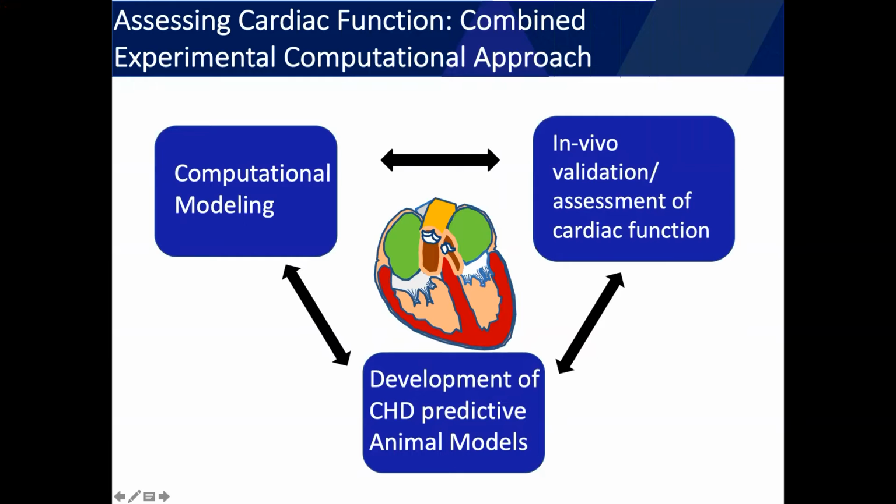So this is our approach in general for assessing cardiac function. We go back and forth between computational modeling and in vivo validation assessment, mostly via ultrasound. Maybe you're going to take some stress strain measurements, and that helps us to develop predictive animal models of congenital heart defects.